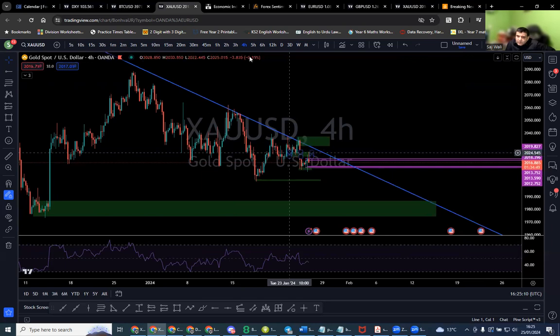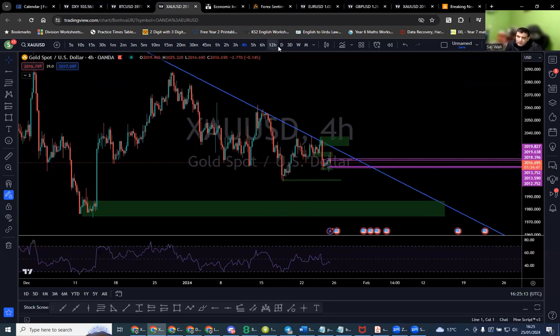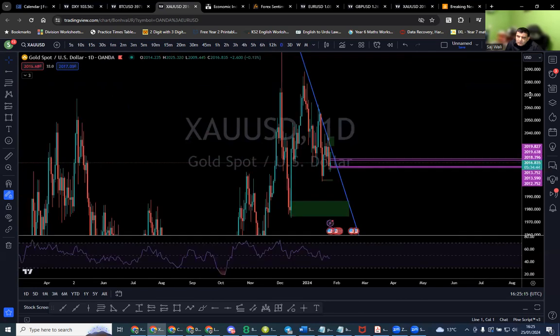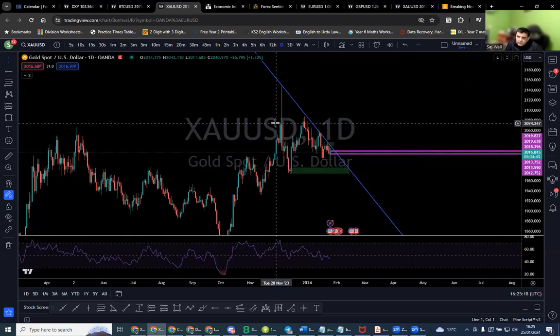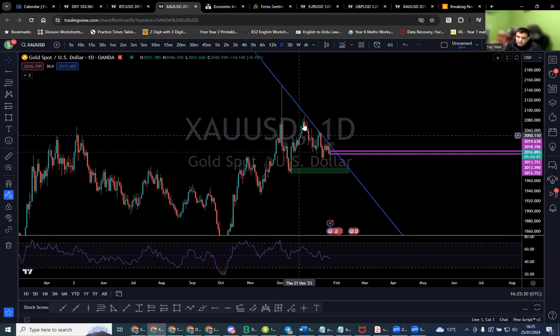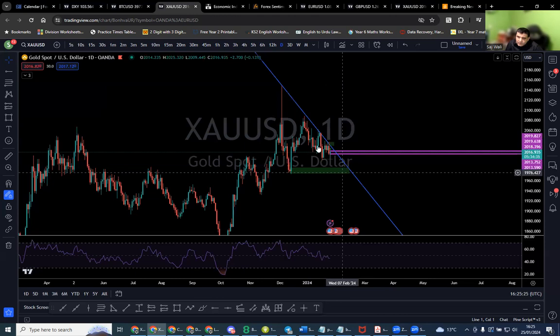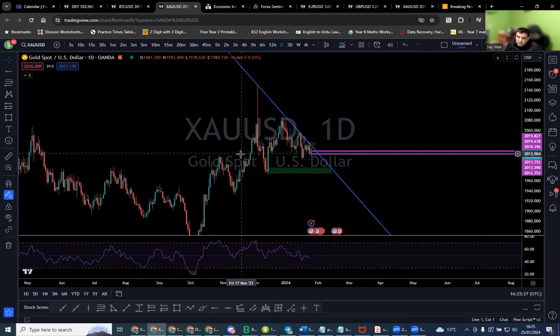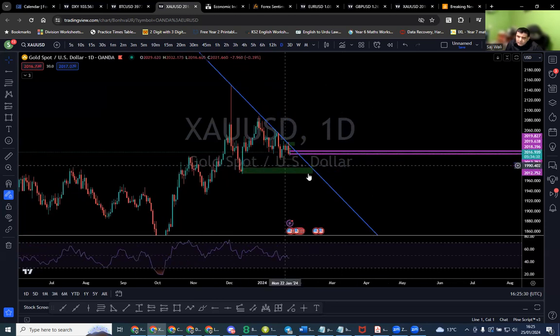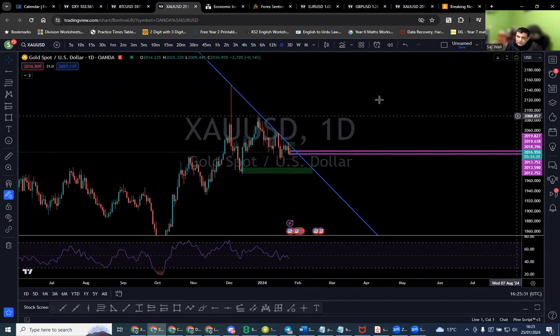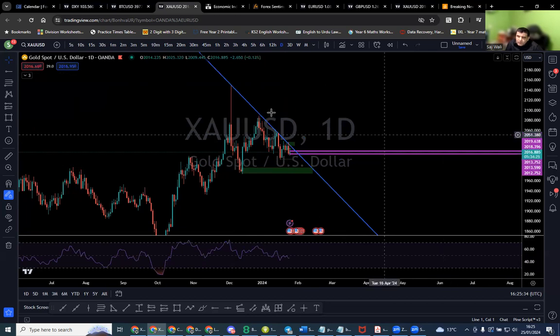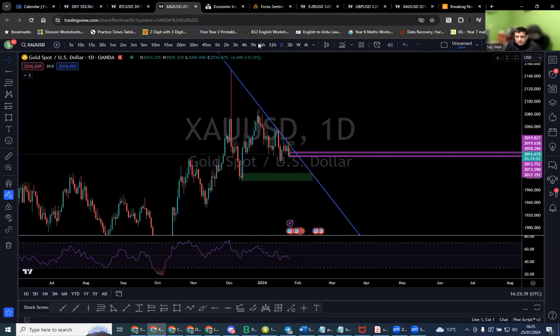So gold is bearish in 4 hour. In daily as well, if you class this as a fake breakout, it is moving in the bearish direction. So until we have a good bounce from a good level, then with structure, we'll class it as bearish in daily. So 4H is bearish. Daily, I will class it bearish.